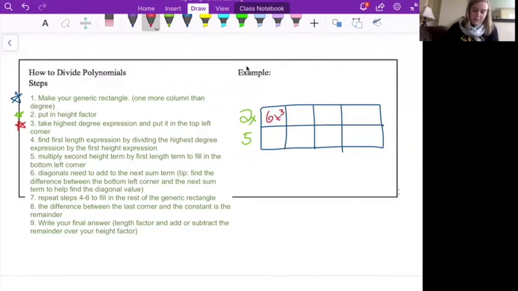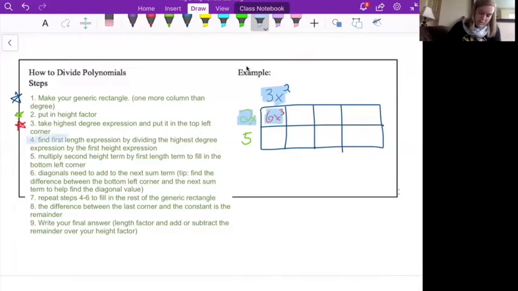And then we put the first length term by dividing the highest degree expression by the first height expression. So that's kind of wordy, but what that is saying is that I know that this is 3x squared because 2x times 3x squared gives me 6x cubed.